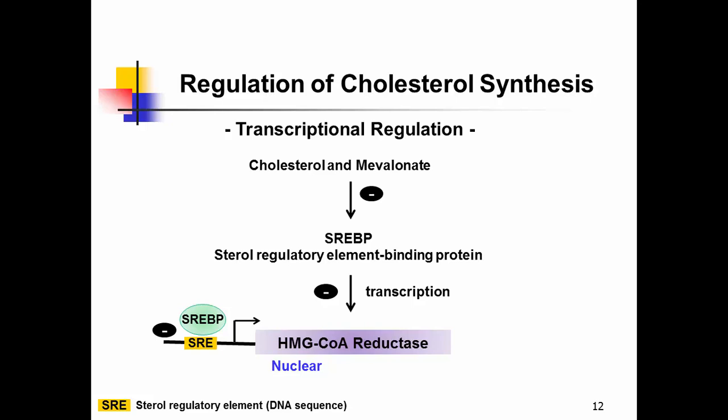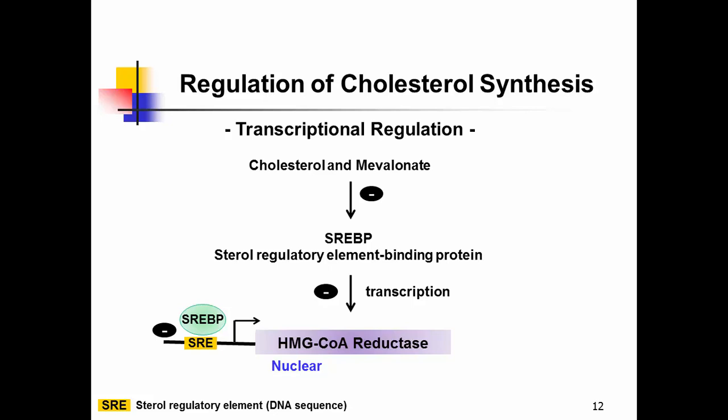So both cholesterol and mevalonate are able to inhibit the SREBP transcription factor, which then can inhibit transcription of HMG-CoA reductase. So this adds one more layer of regulation: HMG-CoA reductase can be inhibited by cholesterol and mevalonate through the SREBP transcription factor.